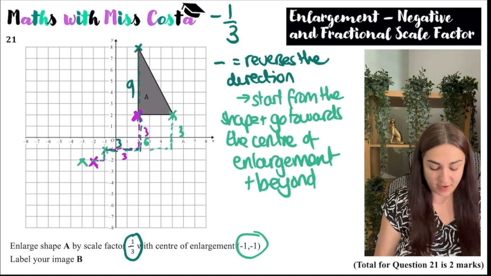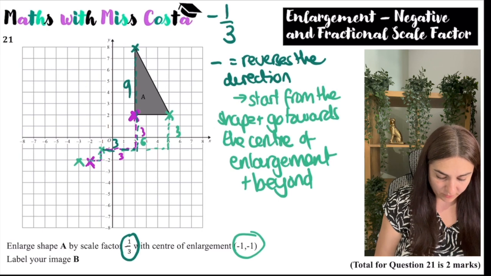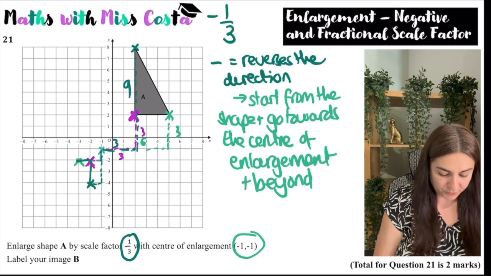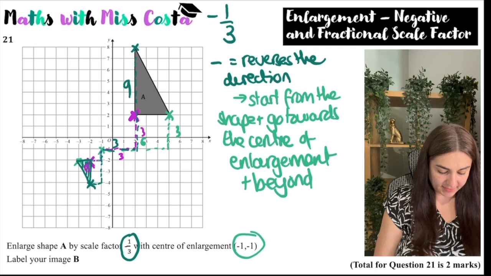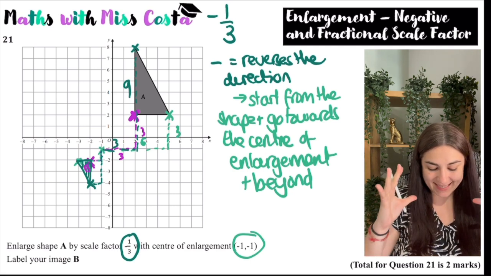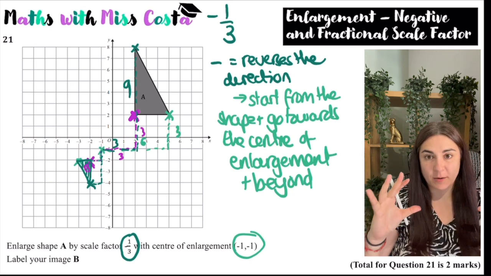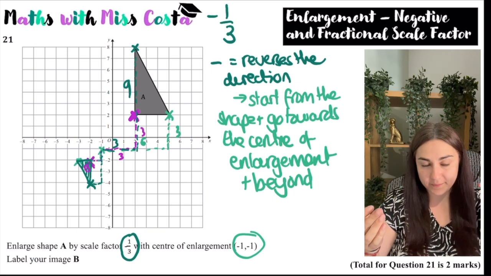A third of 9 is 3. So I'm going to go 3 down and 1 across. And then I just join my points together. And it says label your image B, so just give it a little B. Okay, but the key thing is the scale factor tells you how much larger the shape is or smaller.